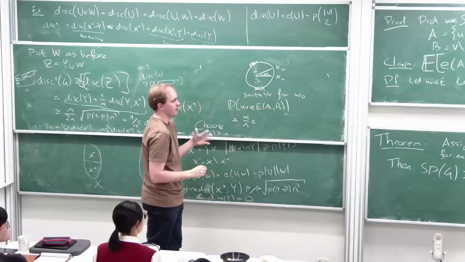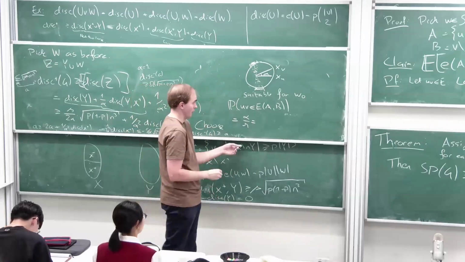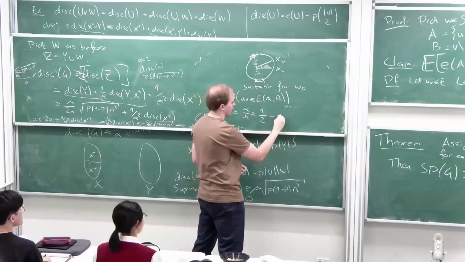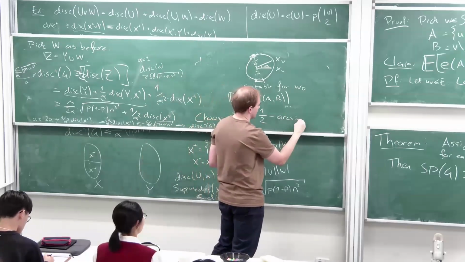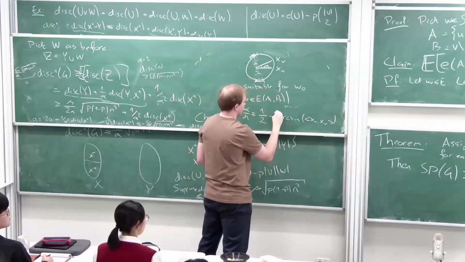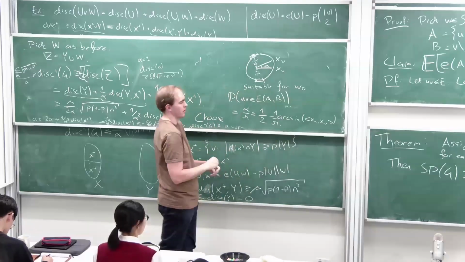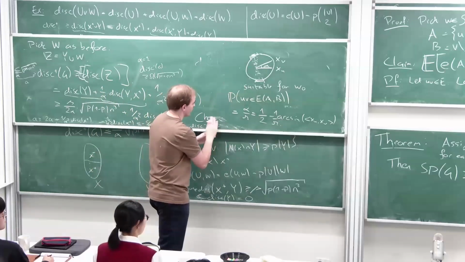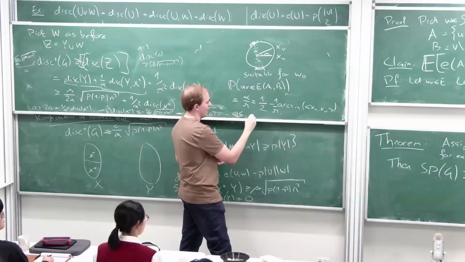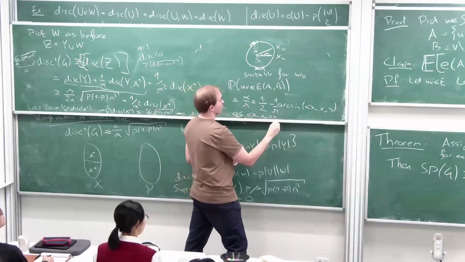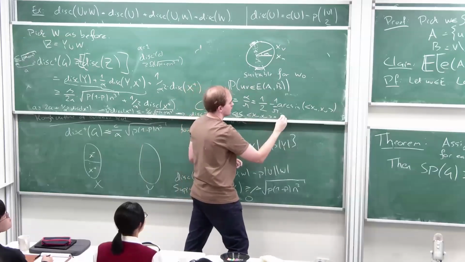And alpha is just the arccosine of the inner product. So this is just 1/2 minus the arcsine of the inner product divided by pi, as the inner product is just cosine of alpha.